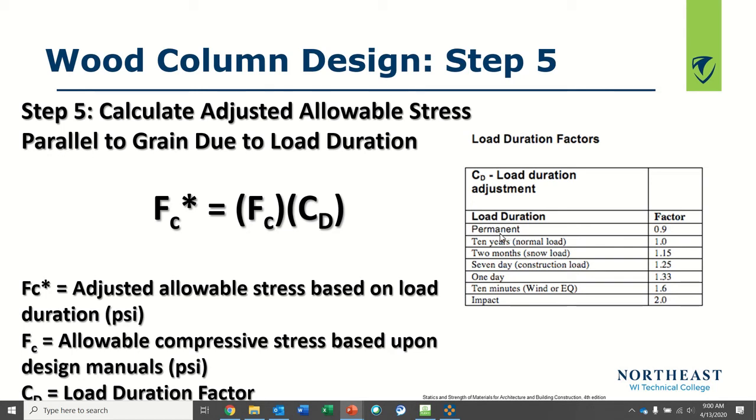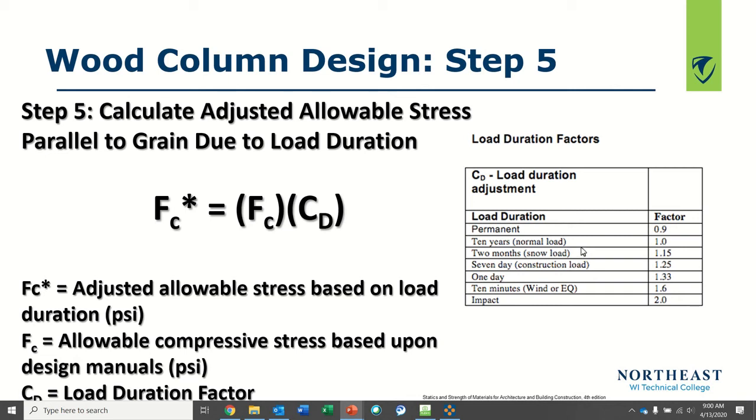Is it a permanent load? The load duration factor is 0.9. Ten years, normal load, 1.0. Two months, snow load, 1.15. Seven days, 1.25. Basically what this is saying is that I can increase the stress on that if it's a short-term load.